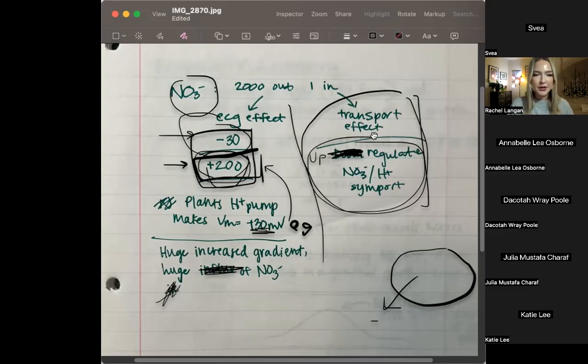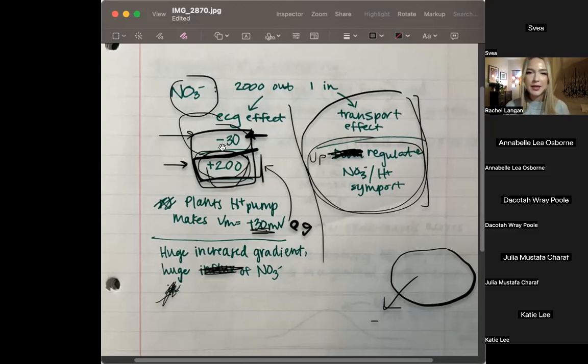So what I'm trying to show here is, under normal conditions, the concentration of nitrate in and out is this. So using the in and out, you would put into the Nernst equation and get a value. Under normal conditions, the value you would have gotten is negative 30. So that is the value of the Nernst equation, the concentration gradient under normal conditions.